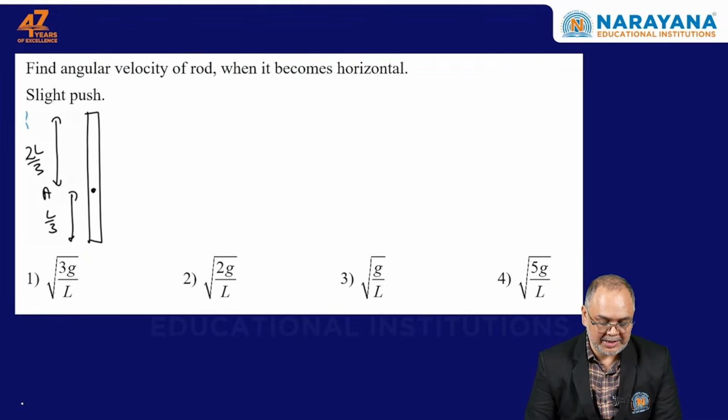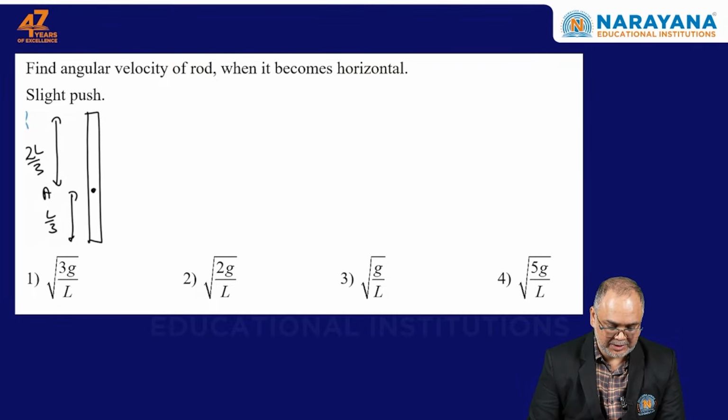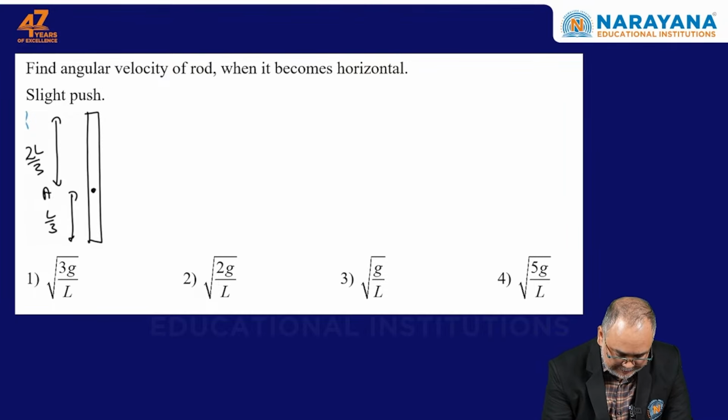Next question you can see here. We have to find the angular velocity of the rod when it becomes horizontal. We are giving a slight push to the rod. Now you can see here the rod is hinged at a distance L by 3 from one end. If you consider, this is a thin rod. Now it is hinged here.